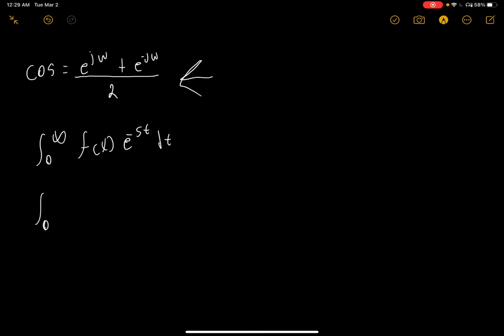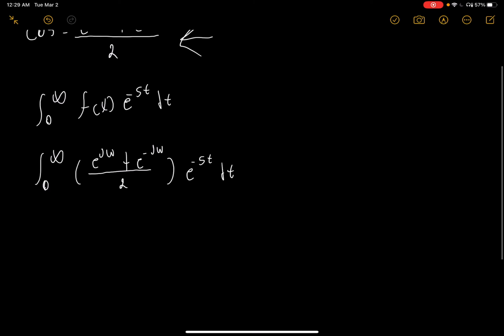So I'm going to go ahead and rewrite this in parentheses, e to the j omega t plus e to the negative j omega t over 2, times e to the negative st dt.